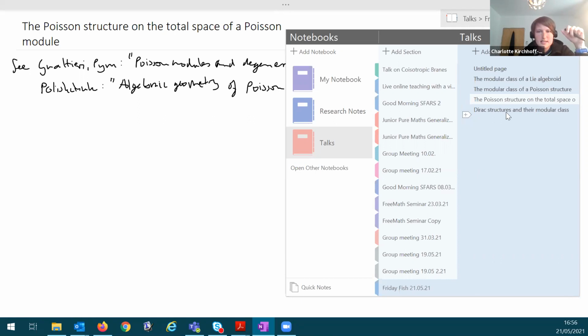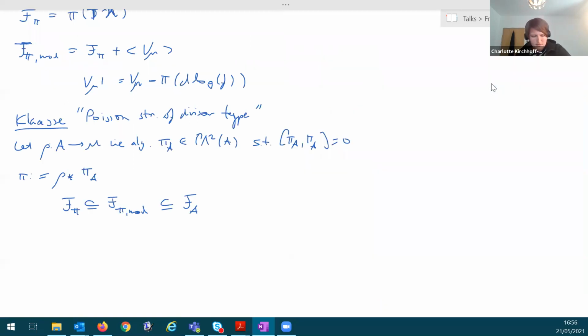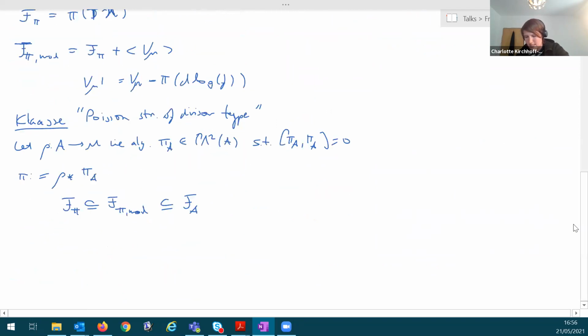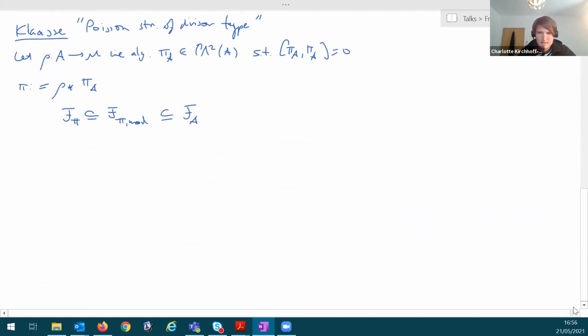Although of course, since the modular vector field is a Poisson vector field and degeneracy loci are strong Poisson submanifolds, we also know that the modular vector field has to be tangent to the degeneracy loci, but the foliation can differ. So maybe I should give this example with the log symplectic, just so we can see an example where the modular foliation is different.